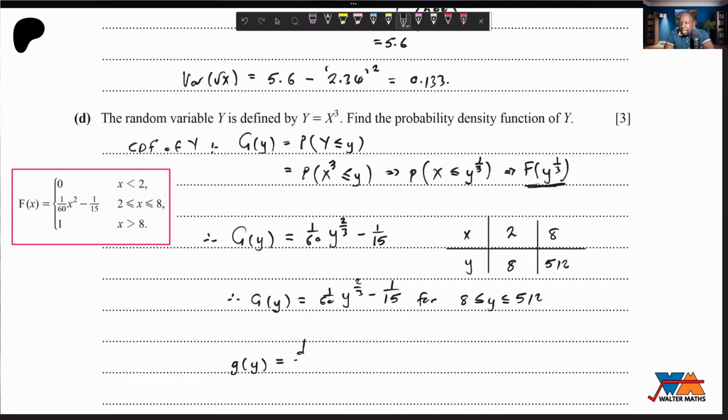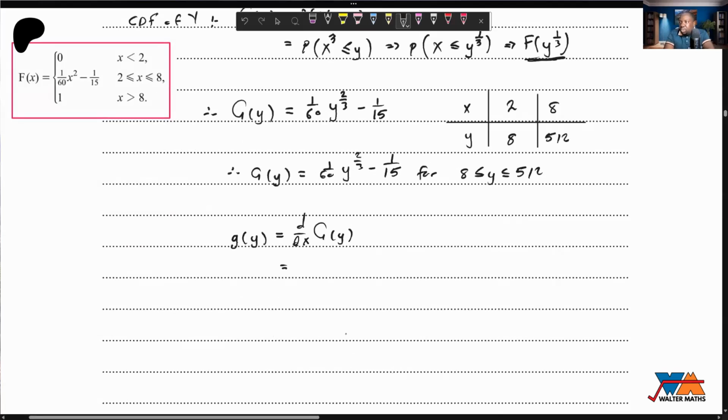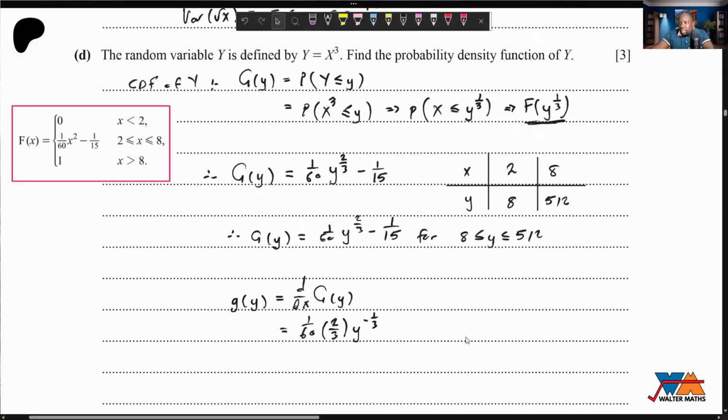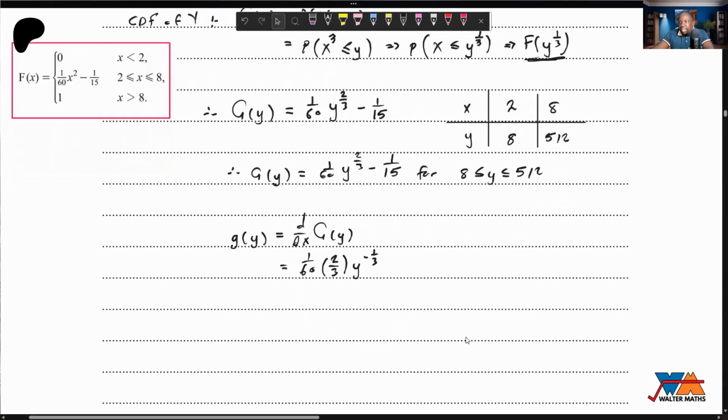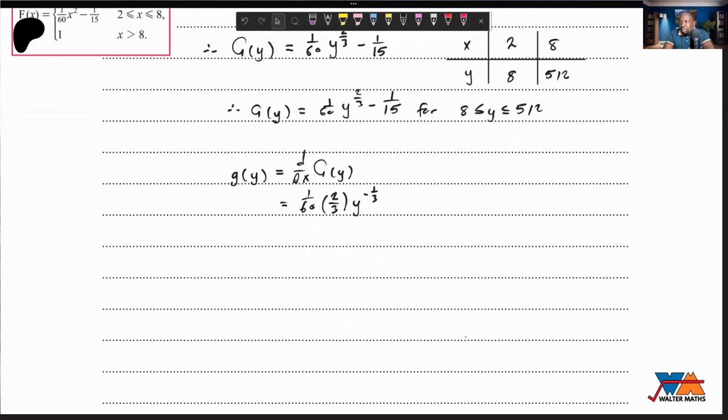That's d by dy of big G of y. Differentiating this, that's 1 over 60 of 2/3 of y to the power of 2/3 minus 1, which is minus 1/3. And when we differentiate negative 1/15, we get 0. So this will give us 1 over 90 of y to the power negative 1/3.